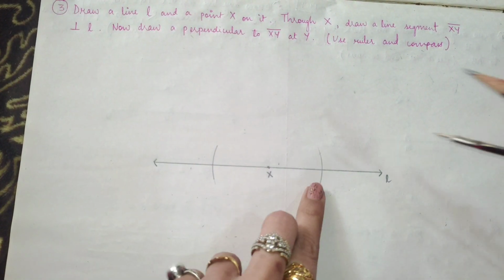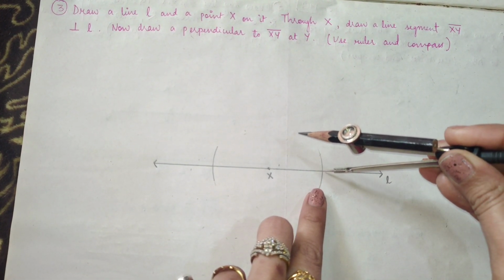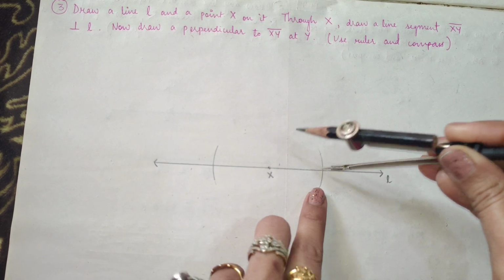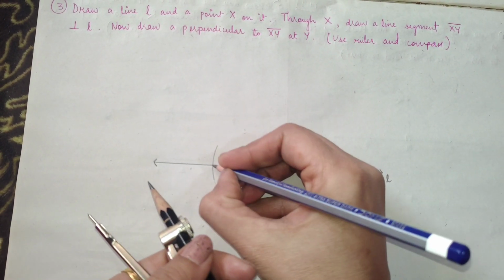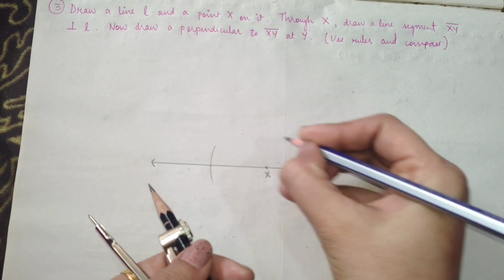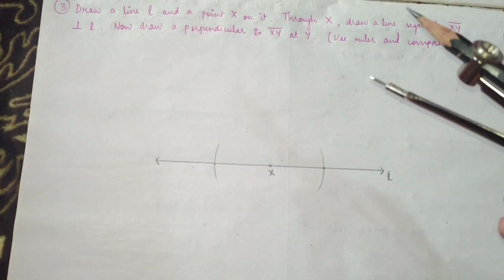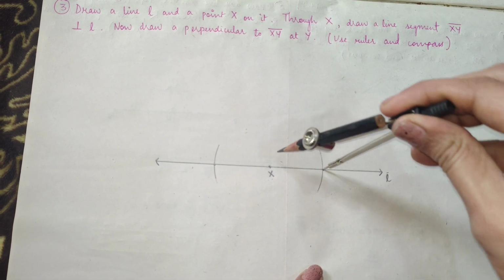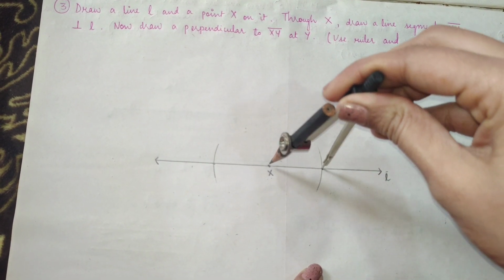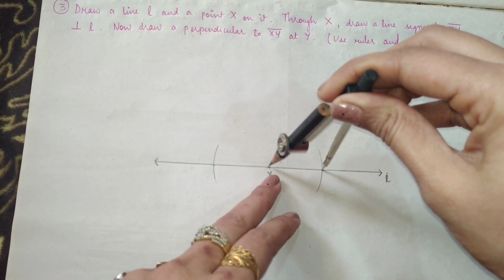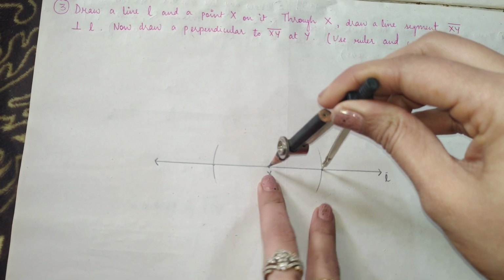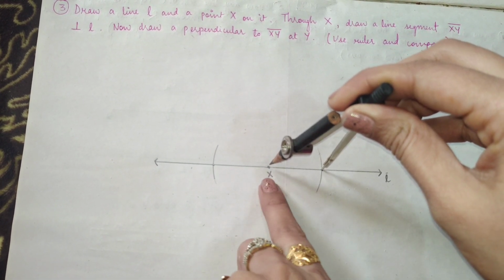Okay, then at this point here, you'll keep your pointer again. I'll just mark these points. If you want, you can name them. If you don't want, you can just leave it like this. So now, by keeping your pointer at this point, you can see your compass is of the radius.